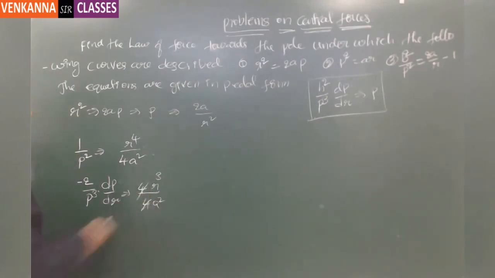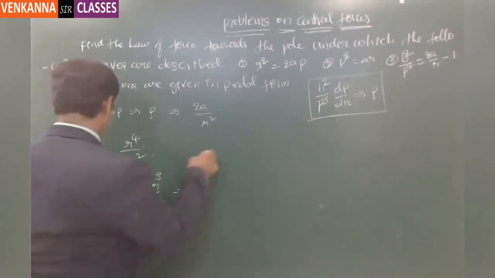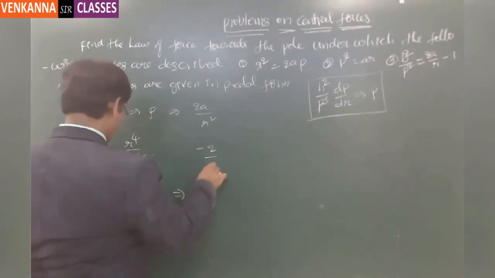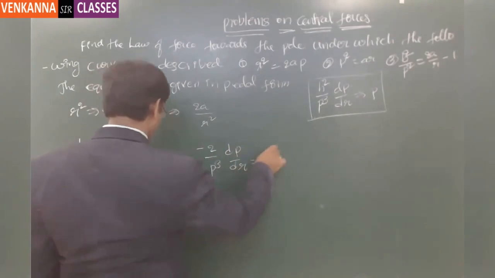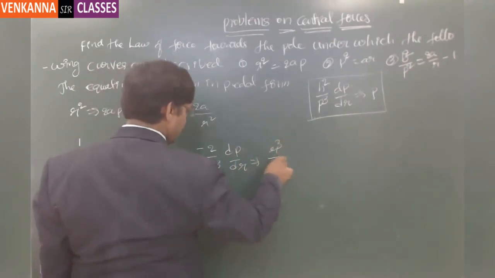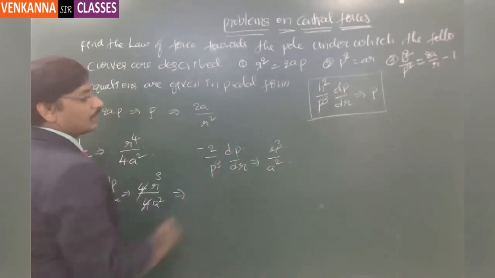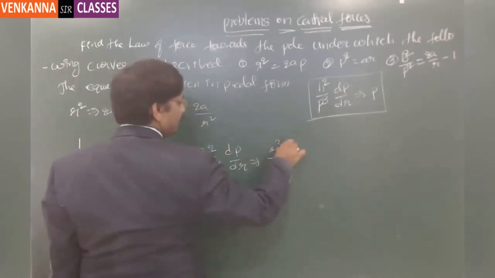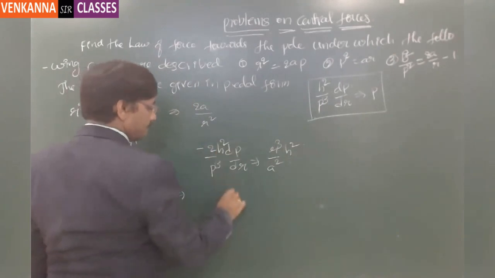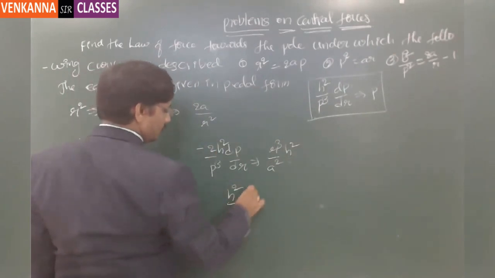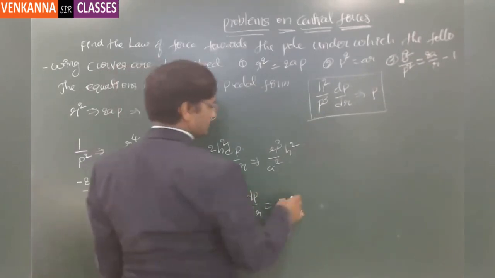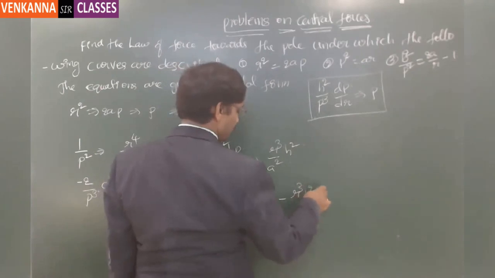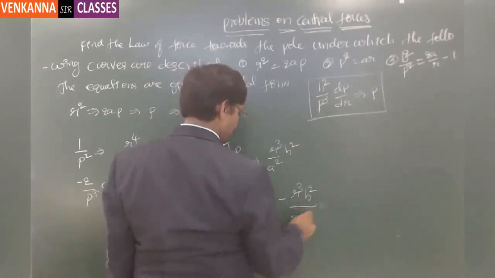This 4 will cancel out, and this is minus 2 by p cube into dp by dr is equal to r cube by a square. So these two you can take to the other side, and multiply h square on either side. Then h square by p cube times dp by dr is equal to minus r cube h square divided by 2a square.